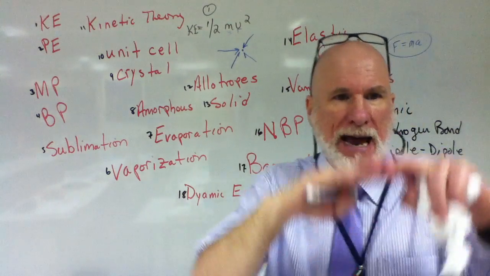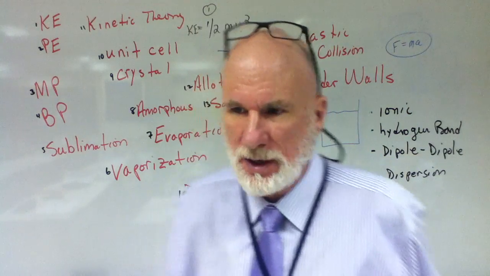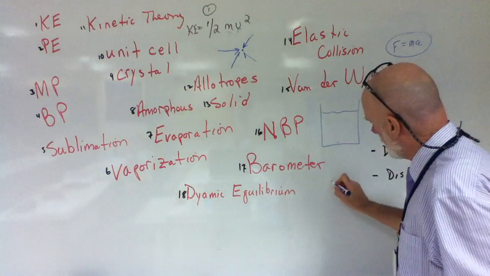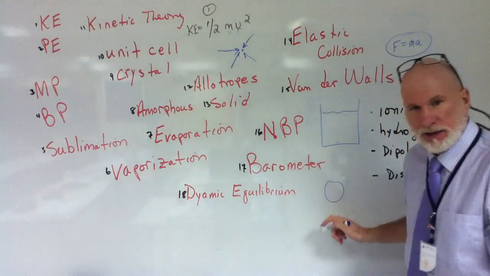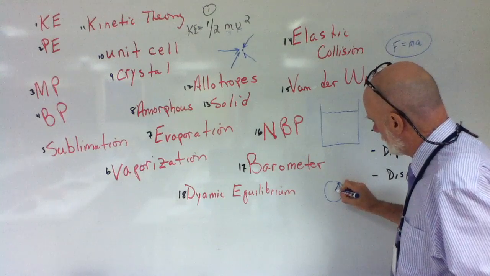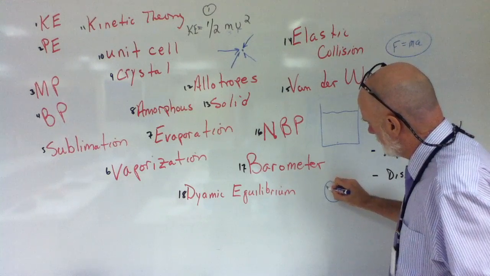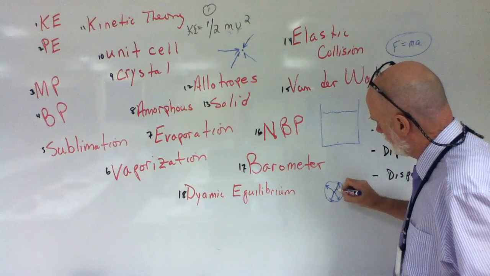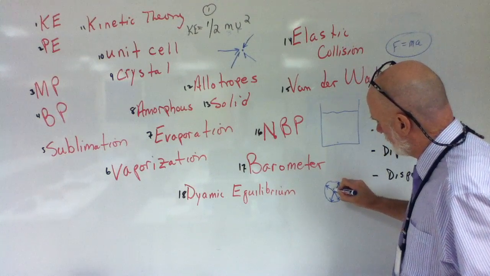Now I'll draw a macro model of this. In other words, I'm going to blow this model way, way up, and it's going to look like this, okay? That's the little tiny microscopic bubble, and the vapor pressure forces are trying to push out, right?